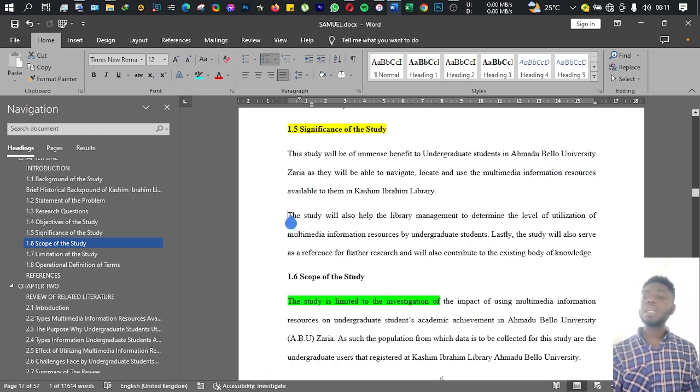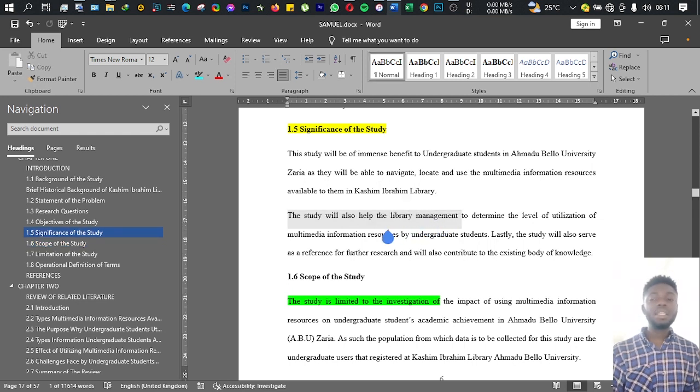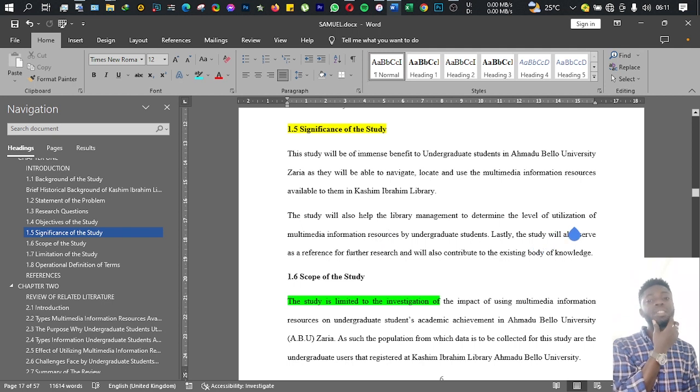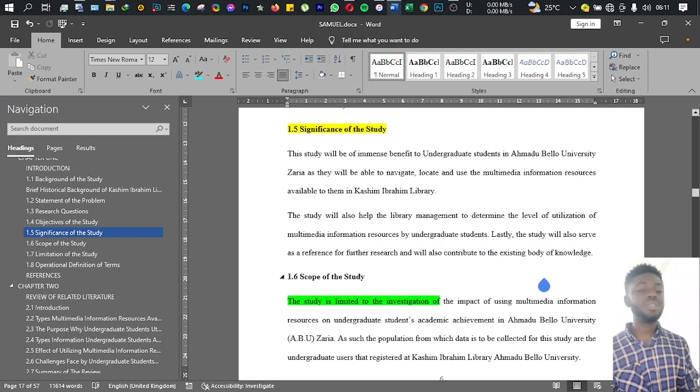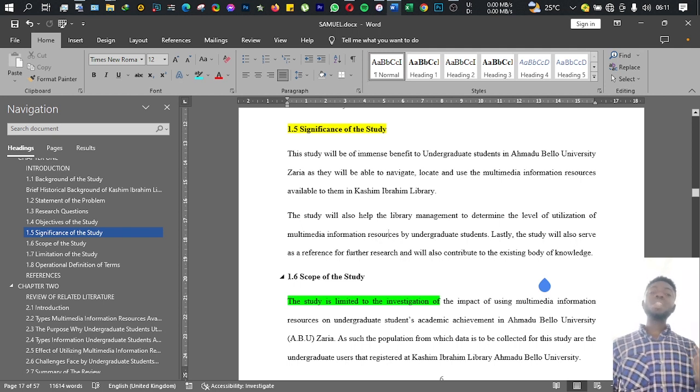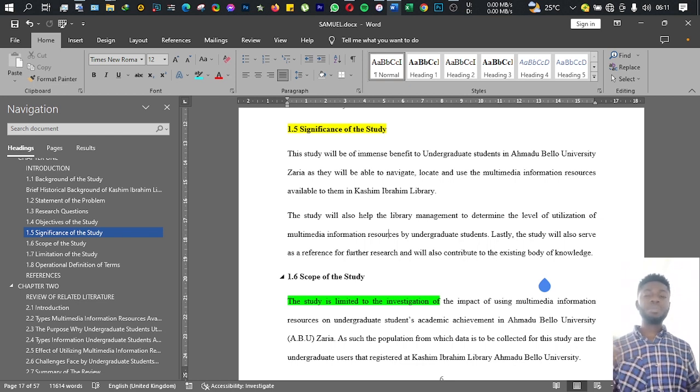Then see another significance of the study. I said that this study will also help the library management to determine the level of utilization of multimedia information resources. Your statement of the problem and your background of the study may not make it clearly apparent how important your study is. But here, we are giving you the opportunity to really tell us who the study is going to benefit.